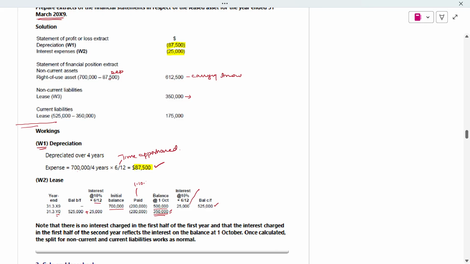What we have done here? And the closing liability minus the opening one. 525 minus, same rule, same process which you have done. 525 minus 350, we got the current liability.